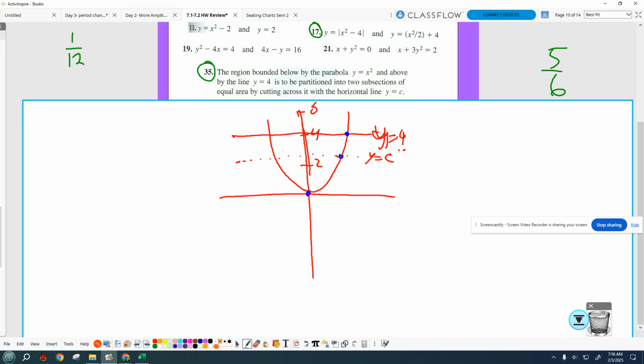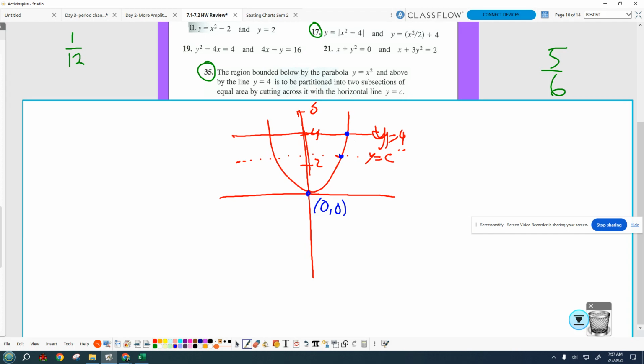Can someone come up and show us how to get those coordinates? Adrian and Naomi, how do we get the coordinates? Well, I'll give you this one. This one's 0, 0. What are these 2 coordinates? Adrian, what do you have?